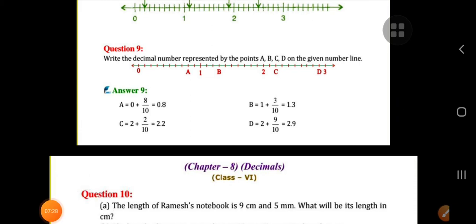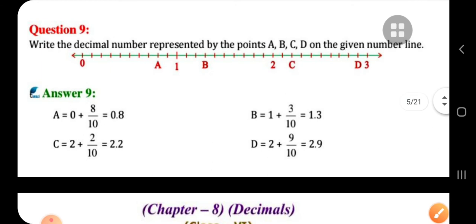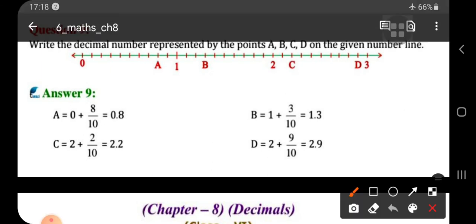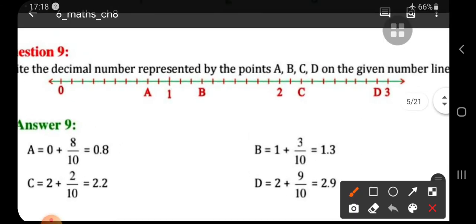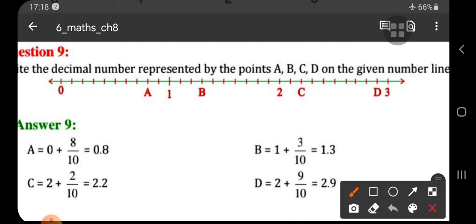Next, question number 9. Write the decimal number represented by the points A, B, C, D on the given number line. Here is the number line and points are given. Okay. You have to write the decimal number represented by these points. Here it's 0. Here it's A. So this A represents 0.8. Why and how?